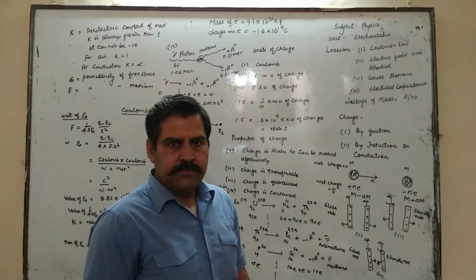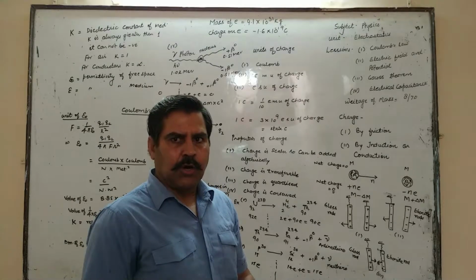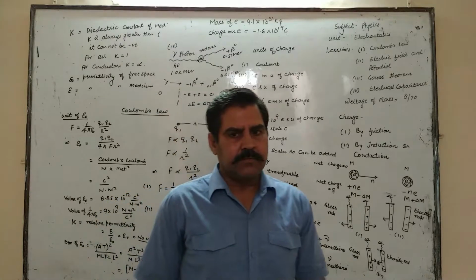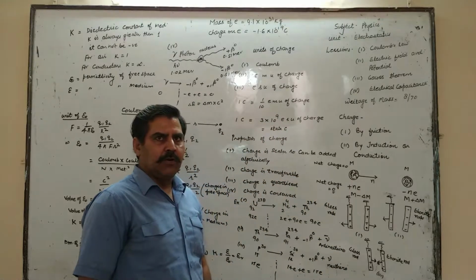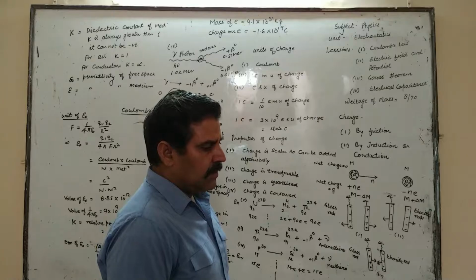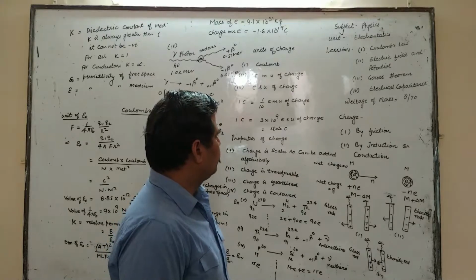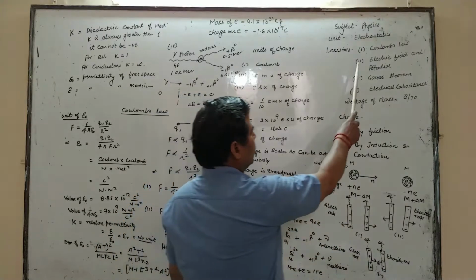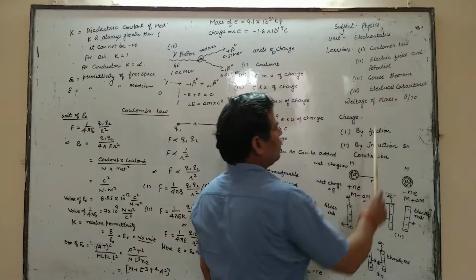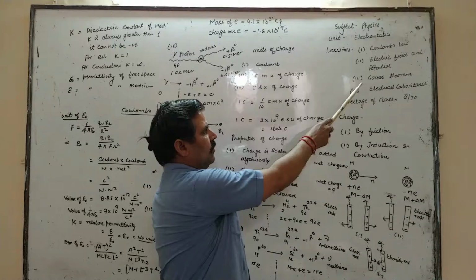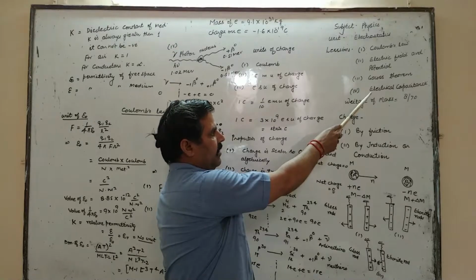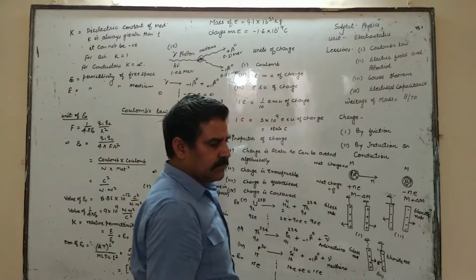This unit has a weightage of 8 marks out of 70, and this unit includes 4 lessons named Coulomb's law, electric field and potential, Gauss theorem, and electrical capacitance.